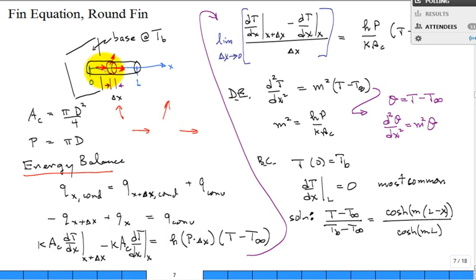How do you model the conduction in and out? You use Fourier's law. The convection off the surface, that's how you have that cross-sectional area for conduction and that perimeter for convection. You then divide both sides by delta x. You do the little calculus trick. You say, oh, the limit as delta x goes to 0 of this ratio.